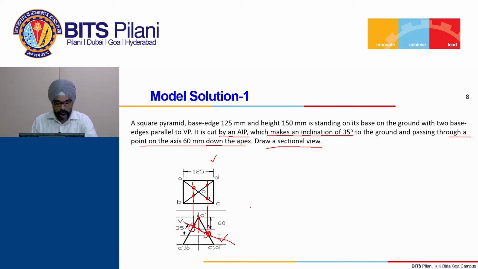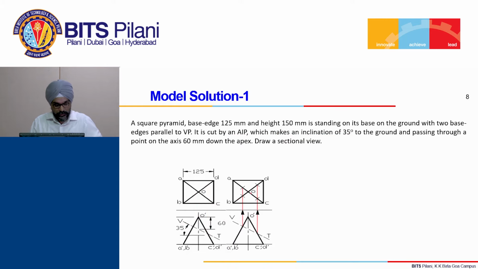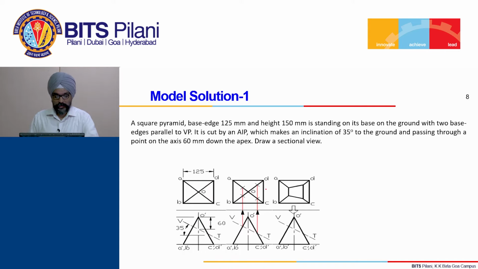These 4 points have been shown here also, and finally they are joined together. In this case of section planes, we make a very important assumption: the portion which comes between the section plane and the observer is assumed to be removed.